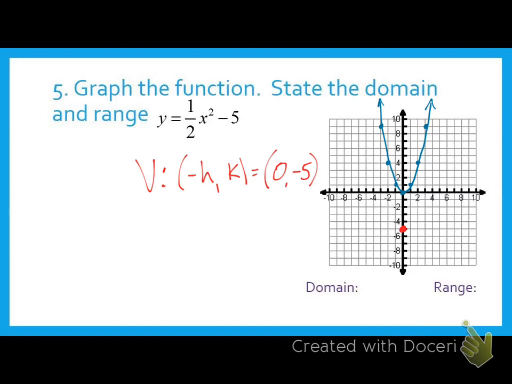Okay? Now, as we saw last time, the parent function has you walk over 1, up 1, over 2, up 4, over 3, up 9 to get to each of the points. Well, our a, which is 1/2, is going to change the way you walk. So we're going to multiply all the y's by 1/2.